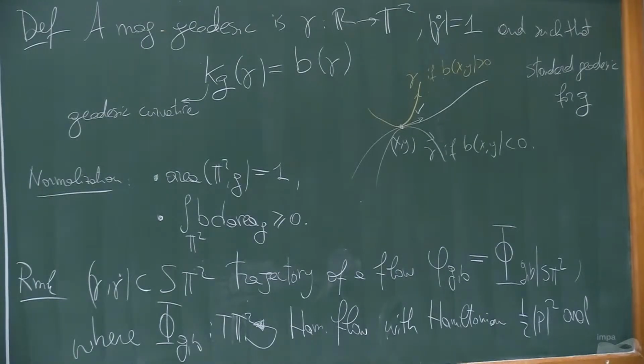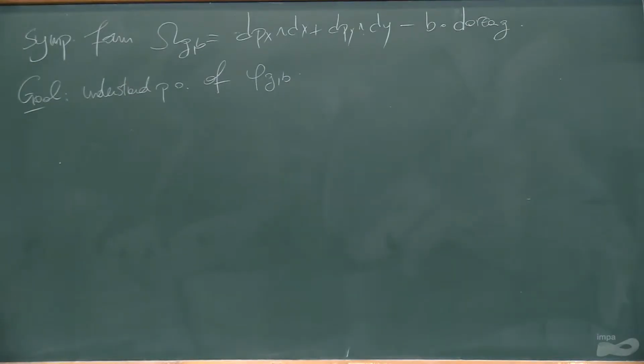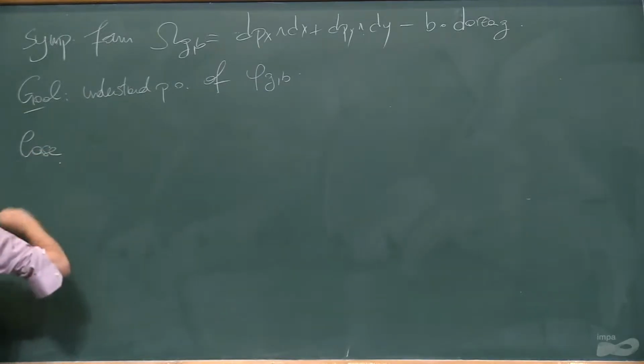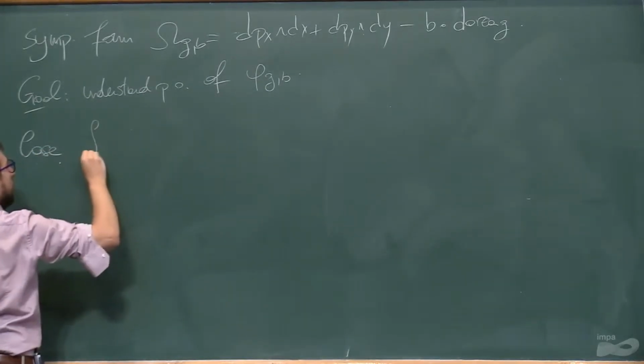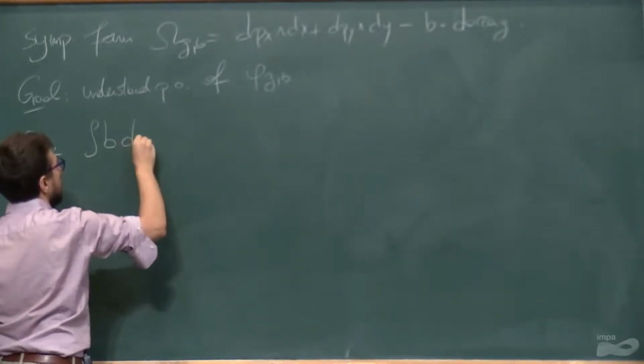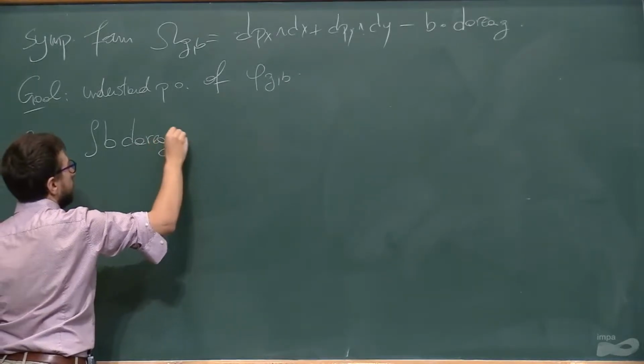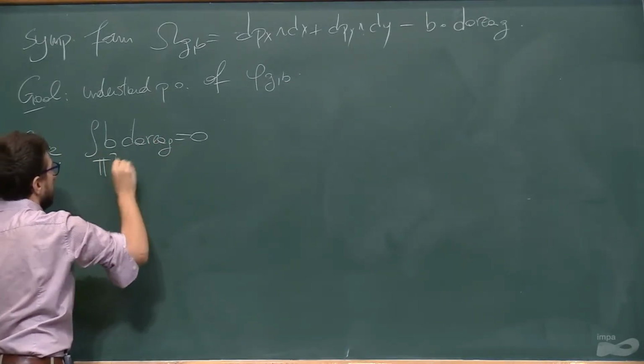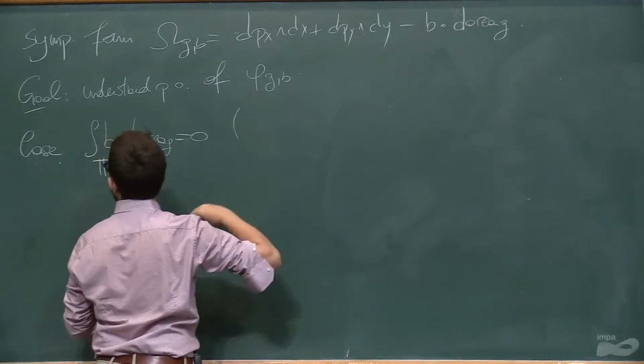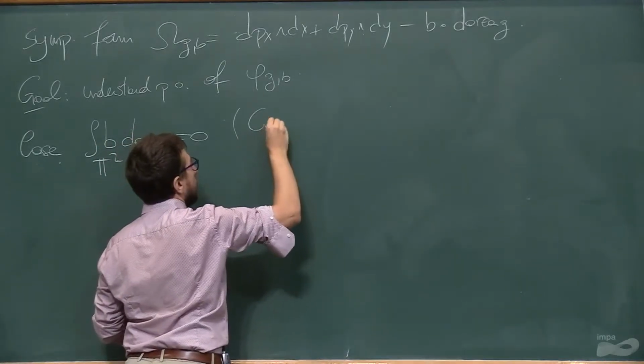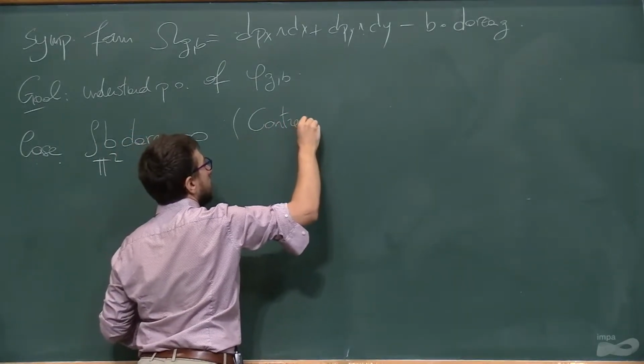Okay, and here, this problem has also a long history, and it turns out that we have to make a distinction between two cases. So the first case is when the integral of B is equal to 0. And this was tackled by Contreras, Macarini, and Paternain.